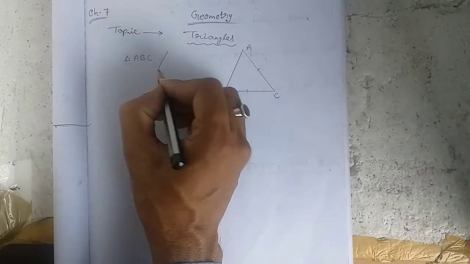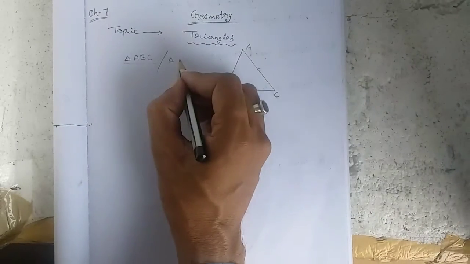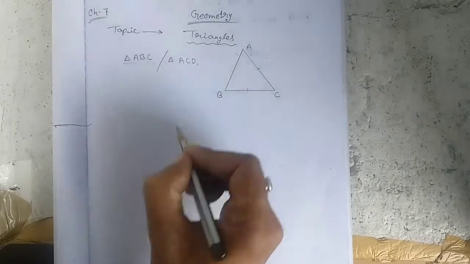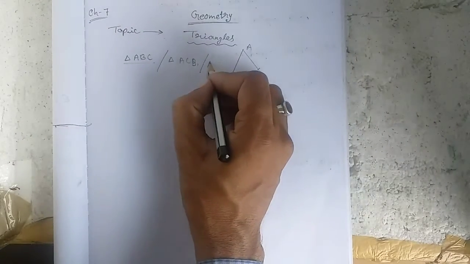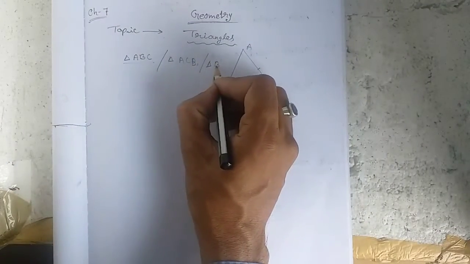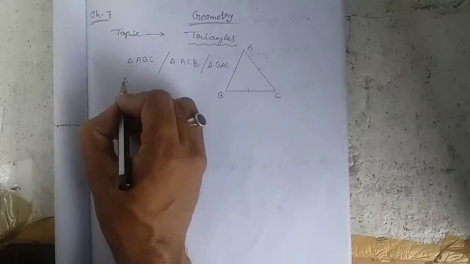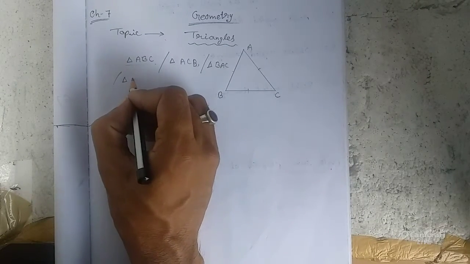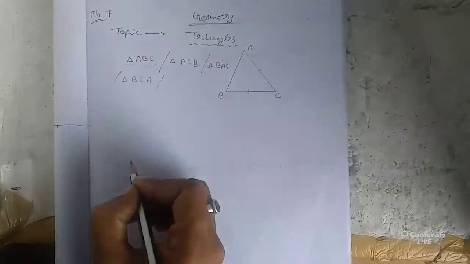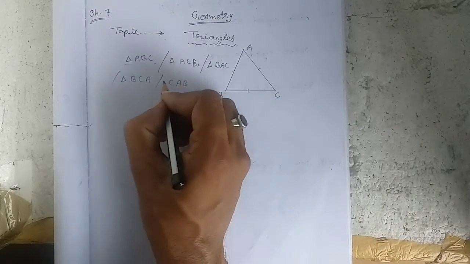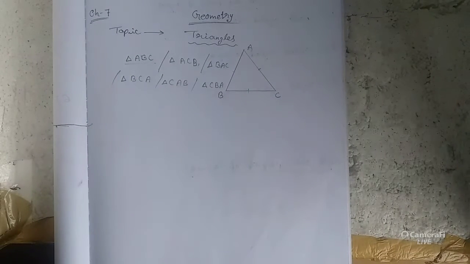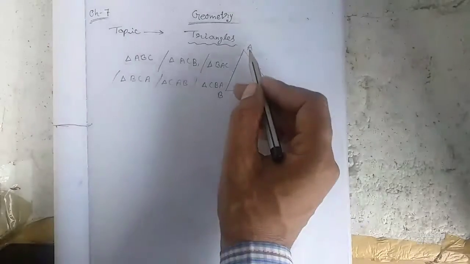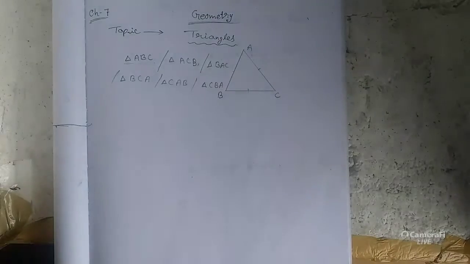Or you can represent the name of the triangle as ACB, or BAC, or BCA, or CAB, or CBA. Anyway, you should always take these three points A, B and C.